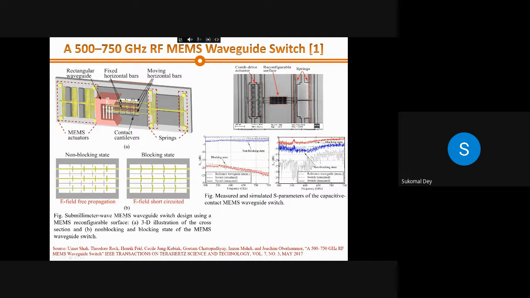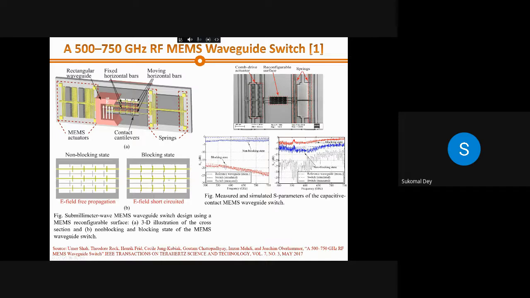You just pull it, and then the entire so-called cantilever beams are connected through this, and the entire signal will be blocked. You are basically adding some vertical rods, and these are conductors. So now your waveguide operation of the TE10 mode is completely disturbed.